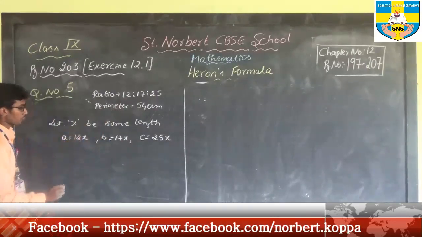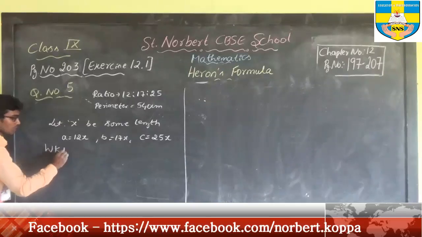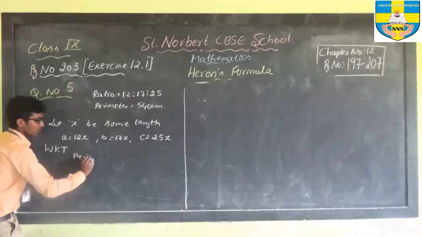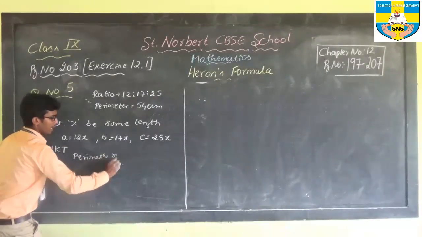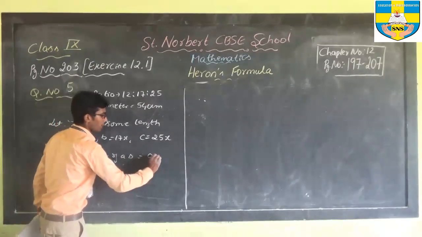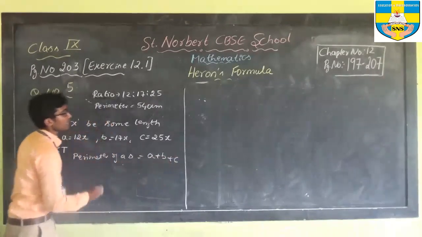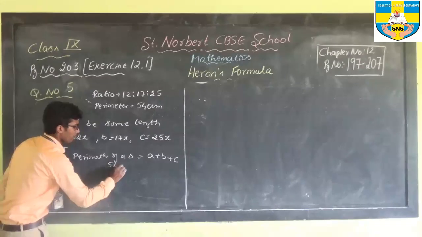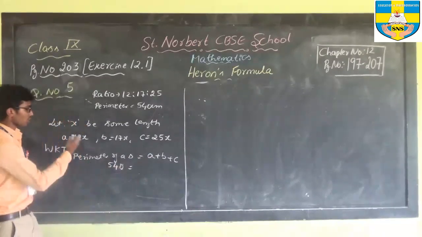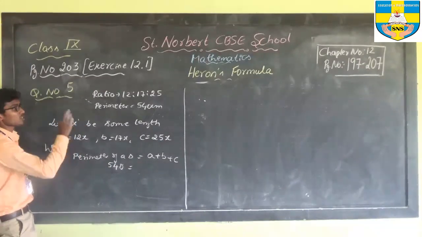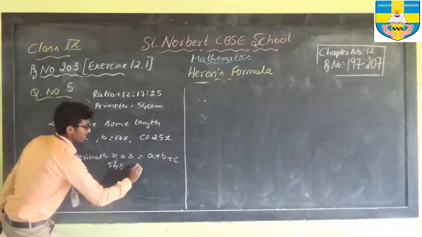Perimeter is 540. We know that the perimeter of a triangle is equal to A plus B plus C. What is A? Just now we calculated A. A is not just 12, it is 12x.